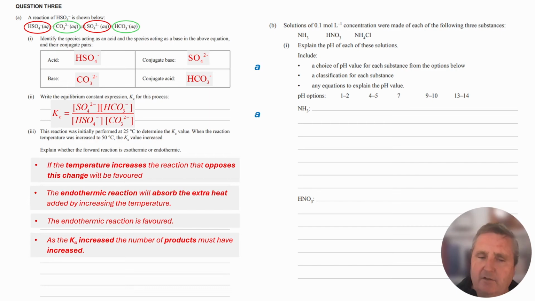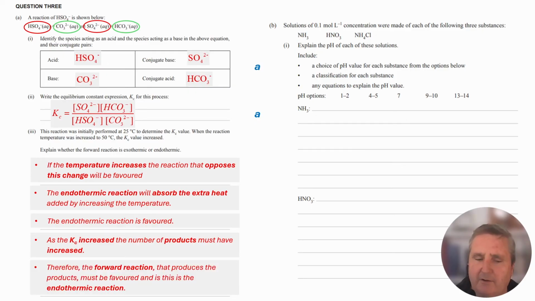And if we have an increase in the products and a decrease in the reactants, that only happens when a forward reaction is happening, right? Therefore, the forward reaction that produces the products must be favored, and this must be the endothermic reaction.